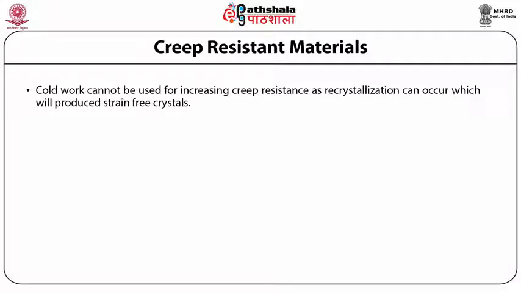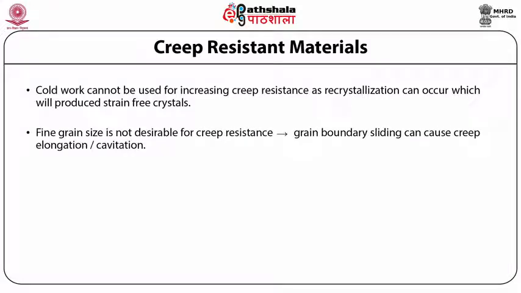Cold work cannot be used for increasing creep resistance as recrystallization can occur which will produce strain-free crystals. Also, fine grain size is not desirable for creep resistance because grain boundary sliding can cause creep elongation or cavitation.